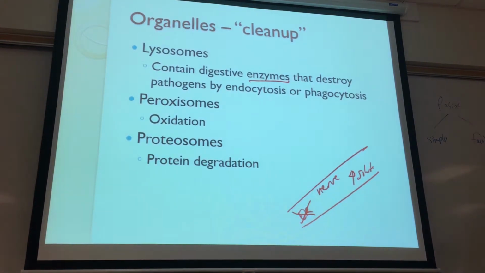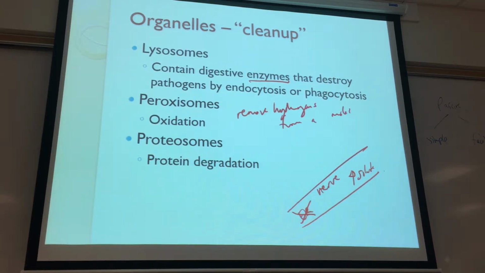Now, peroxisomes, the second on here, are oxidizers. They oxidize and remove, and we'll talk about this again on Thursday, hydrogen from a molecule. This is their way of removing things that shouldn't be in our systems. A good example is the metabolization of alcohol.